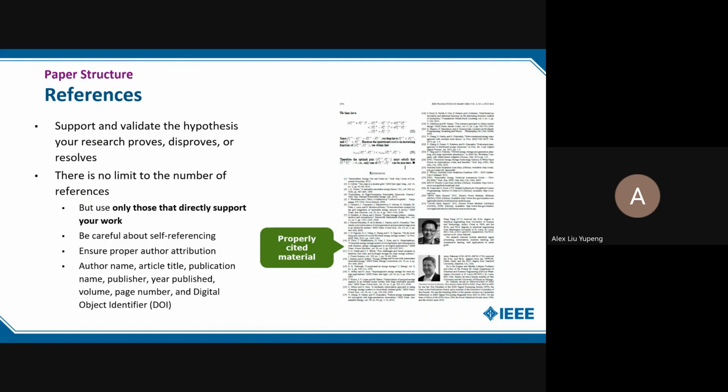You should only include references that are directly supporting what you have reported in this paper, because the references are also for your readers, so that your readers are better able to understand the research. It's not for you. You have another reference list, which is managed by your reference management software, which definitely is a longer list. But for the article, you should only report those that are directly supporting this particular paper.